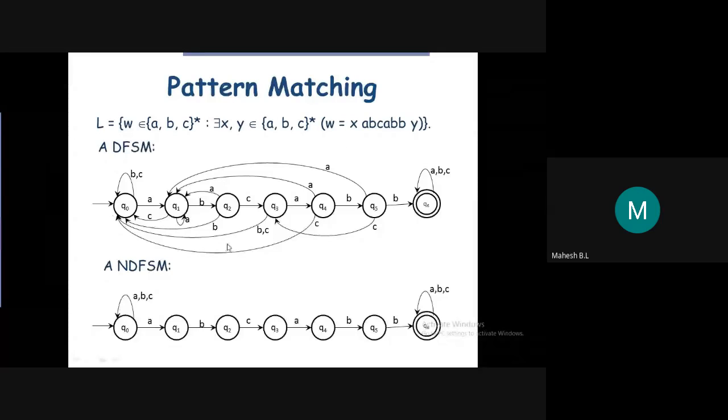Here we have a DFSM and an NDFSM for the language over the alphabet a, b, c with the substring abcabb. So this is the DFSM, and below we have the NDFSM. See the difference between DFSM and NDFSM. Just compare how complicated the DFSM is compared to the NDFSM.